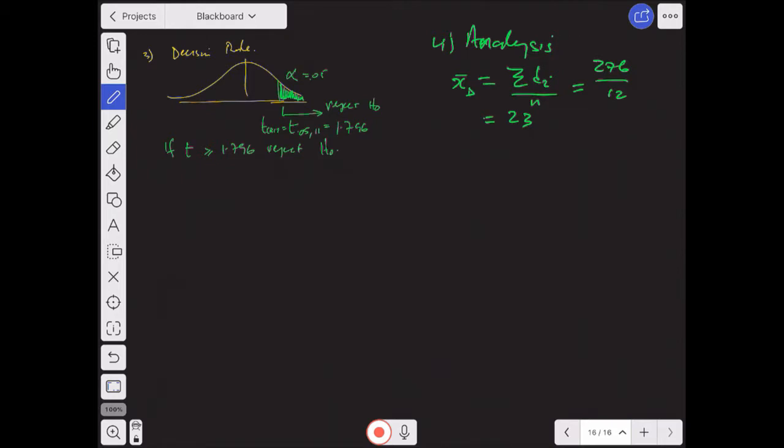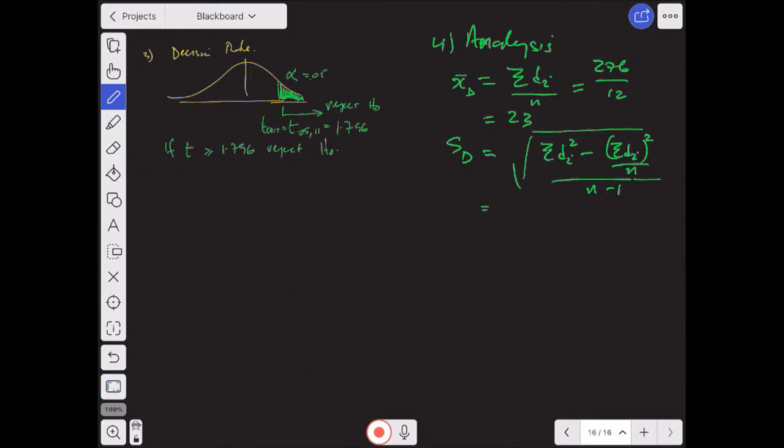We also need the standard deviation of the differences. And you may remember that the standard deviation formula looks something like this. Sum of the x squareds, but instead of x we're using di, sum of the di squareds minus the sum of x all squared, but instead of x we're using sum of the di's, divide by n, and then we divide by n minus 1. That's our shortcut formula I gave you, and that will help us to find the standard deviation.